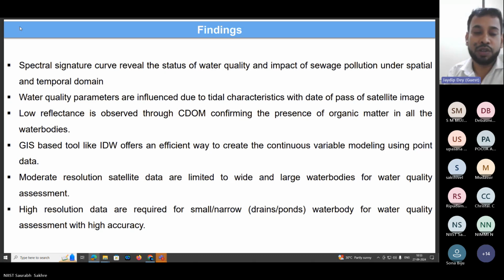Moderate resolution satellite data can be useful for wide and large water bodies for water quality assessment. High resolution data is required for small and narrow water bodies, and there is a great application of hyperspectral remote sensing also in this water quality study.